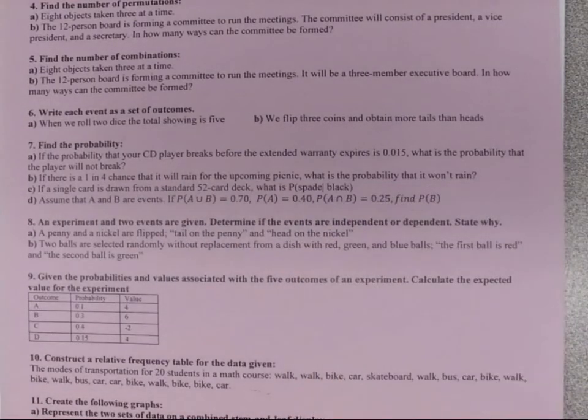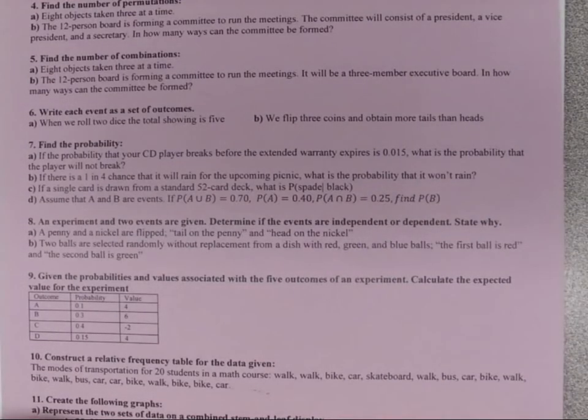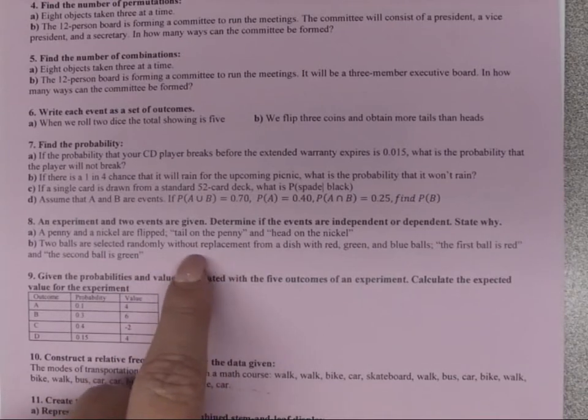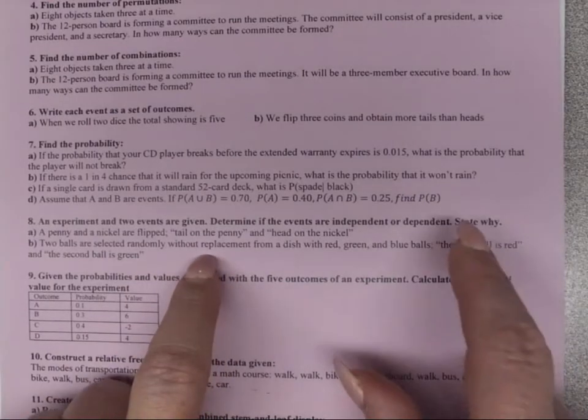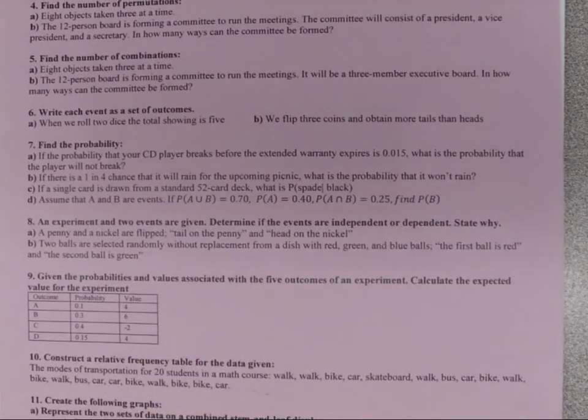So if I pull out a red one, and let's say I have 10 balls in the dish, I now only have 9 balls. I'm still looking to pull out a green one, but now it's out of 9, not out of 10, so the probability changed. Without replacement makes a difference, and that makes it dependent, because what you're going to draw next depends on what you drew out already.